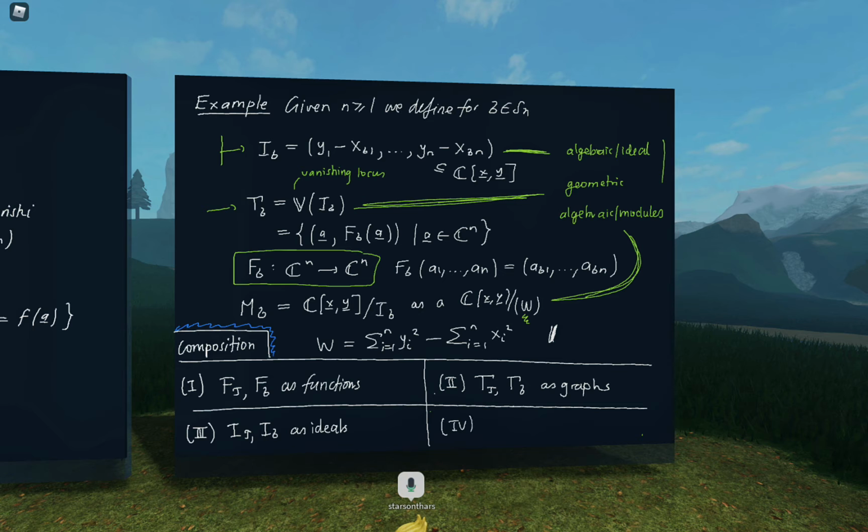And finally, we can try and view the composition from the point of view of the modules, which are the relevant rings of functions on those graphs. Probably we'll only get through 1, 2, and 3 today, and 4 is in any case more subtle, and this will eventually lead us off in the direction of derived tensor products and matrix factorizations.